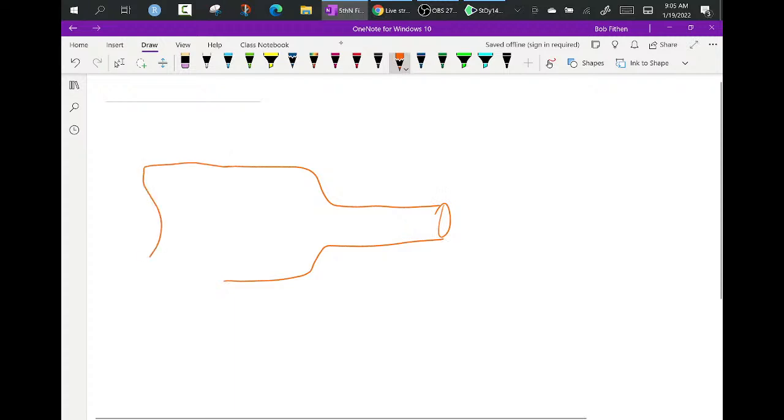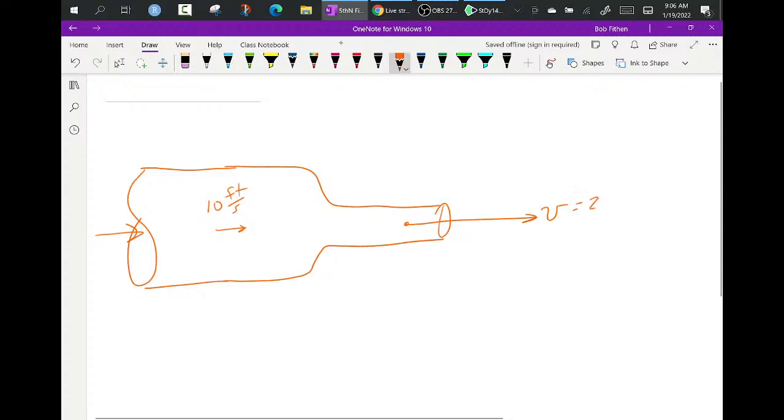Large diameter back here. The pipe is flowing, maybe it's flowing at 10 feet per second. But when it reaches the small diameter, it has to go faster. So let's say the velocity up here is equal to 25 feet per second.